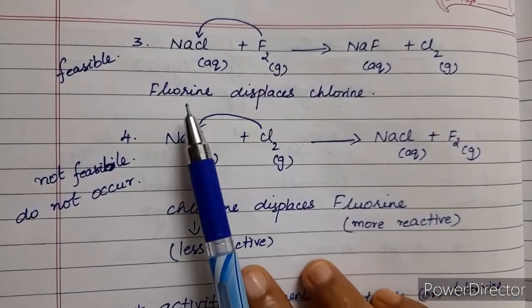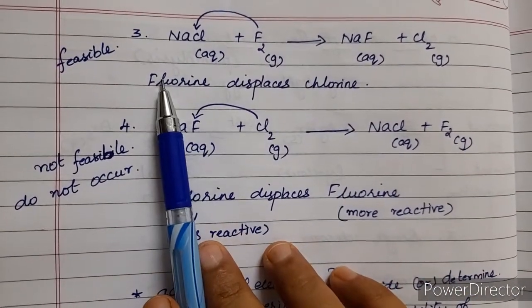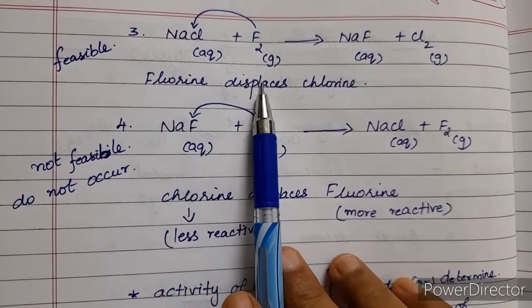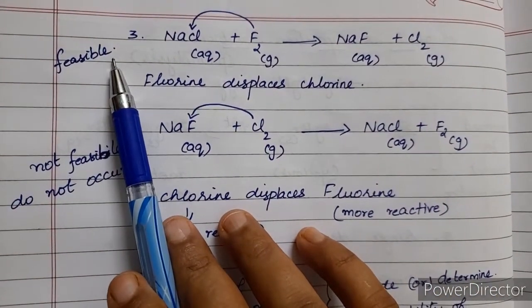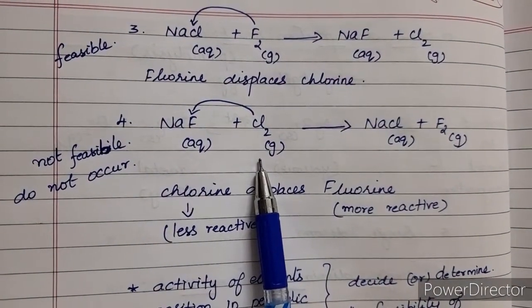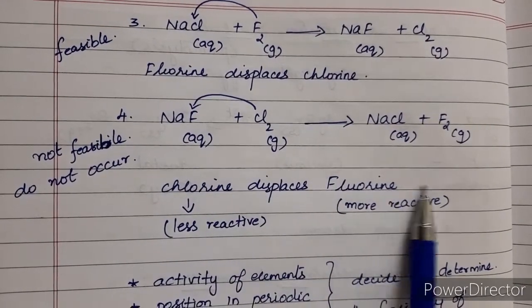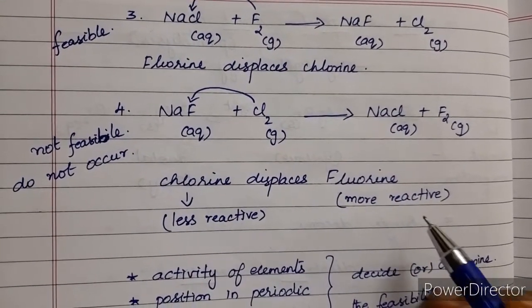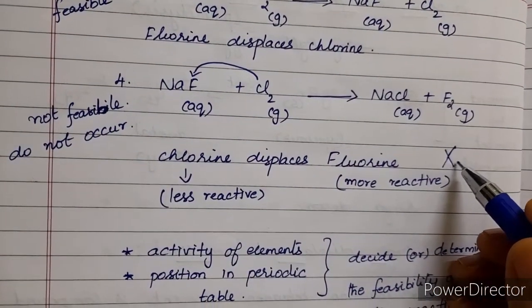Fluorine displaces chlorine, isn't it? Fluorine being more reactive displaces chlorine, and this reaction is feasible, in the sense it occurs. But the second reaction does not occur because the less reactive element will not displace the more reactive element. So this does not take place.